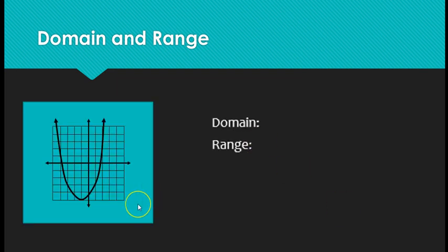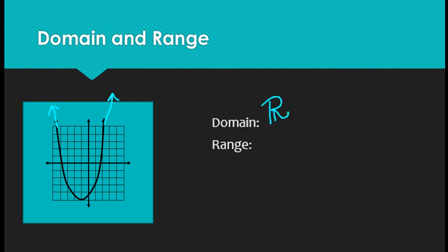All right, looking at this one, it's a little bit different. We have 2 arrows. All that means is look at the domain, the left and the right. It is not ever going to stop moving in the left direction or in the right direction. So the domain is all real numbers.